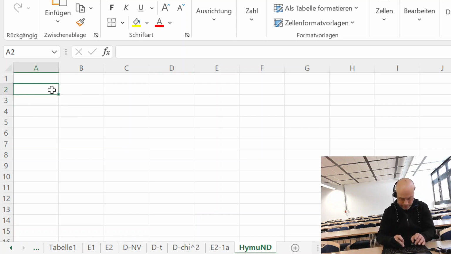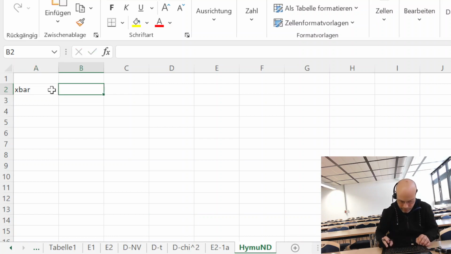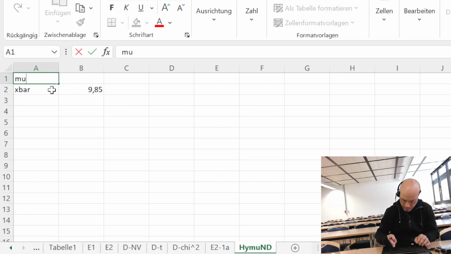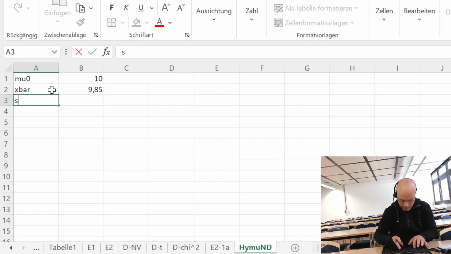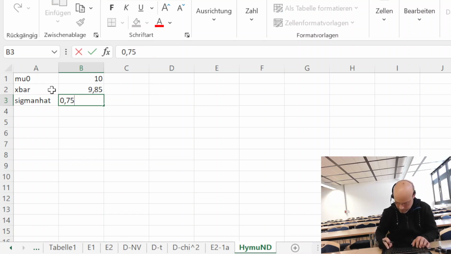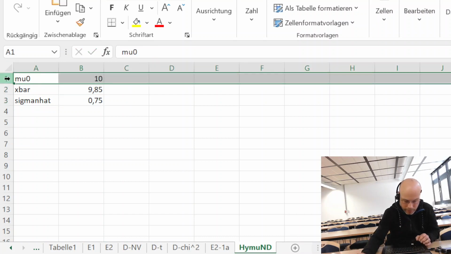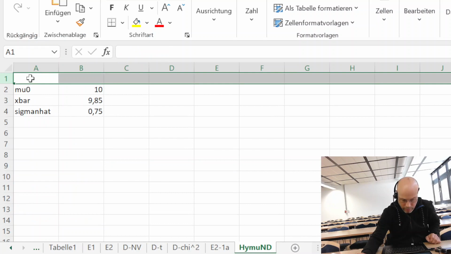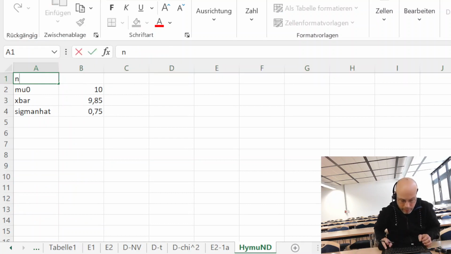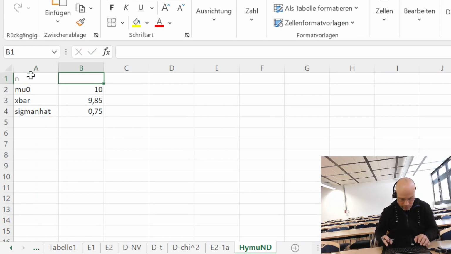I have x bar equals 9.85, mu 0 equals 10, sigma hat equals 0.75, and n is 100.